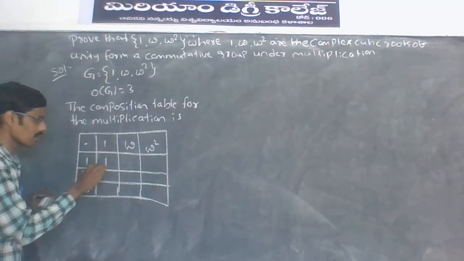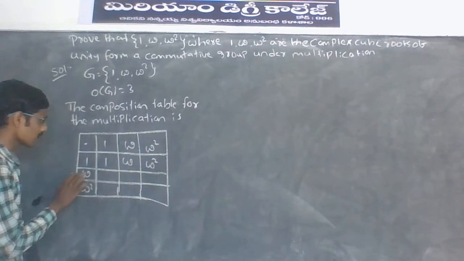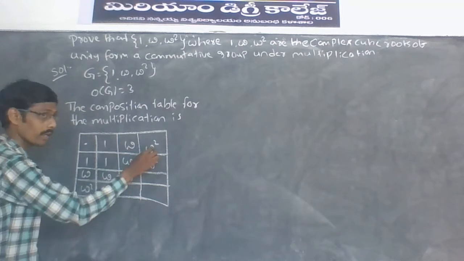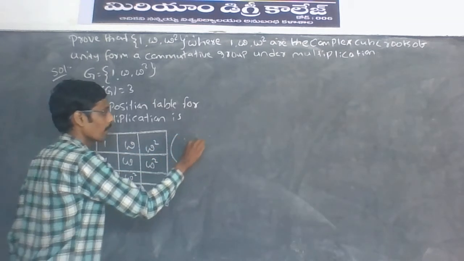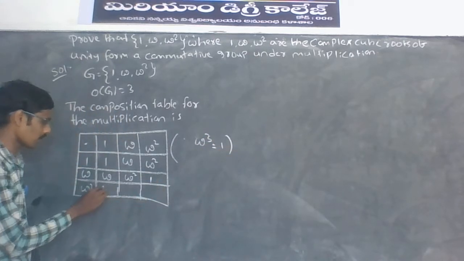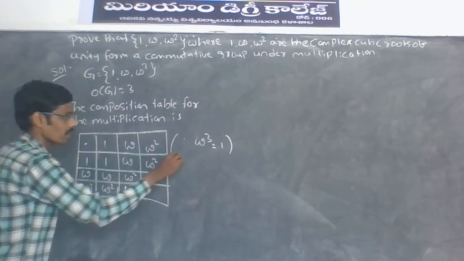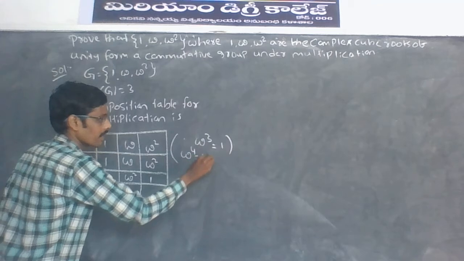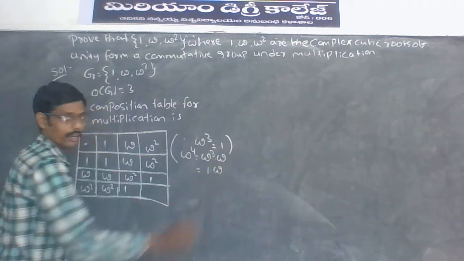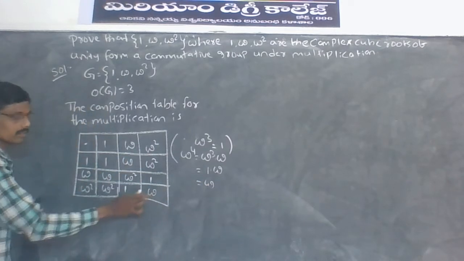Multiplication: 1 into 1, 1 into omega, 1 into omega square. Omega into 1, omega into omega square, omega cube. We have omega cube is equal to 1. Next, omega square into 1, omega square into omega cube is 1, omega square into omega power 4, that is omega cube into omega, which is omega. So omega square into omega square is equal to omega.